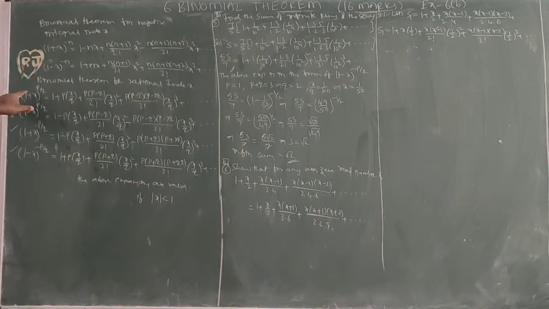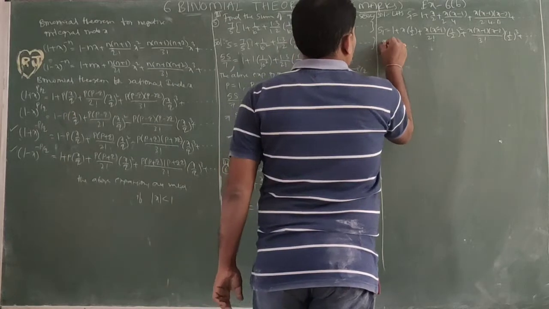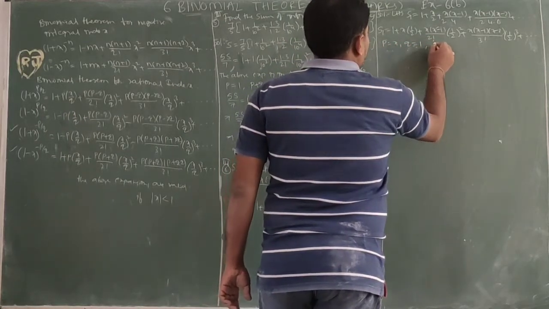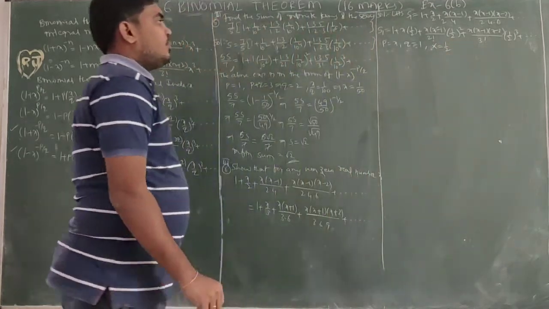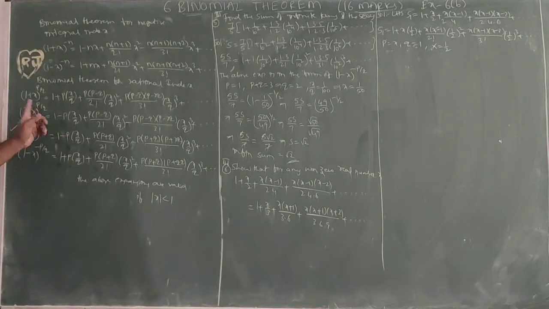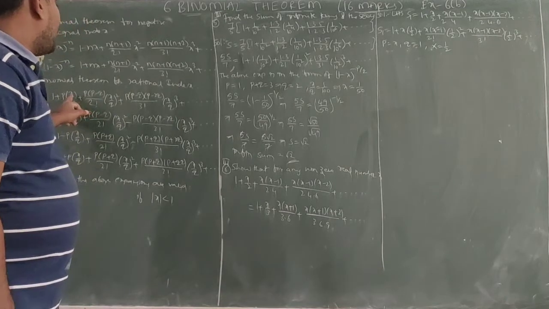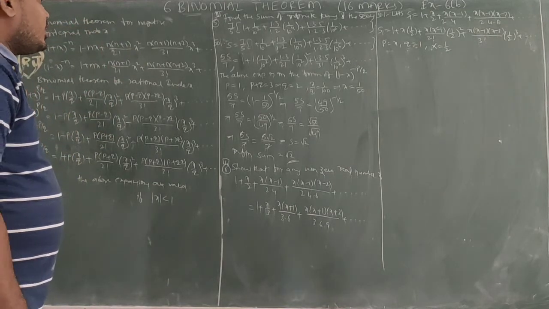All the terms here are positive, so this is the formula for (1 + X) to the power p/q, where p = x, q = 1, and capital X = 1/2. So X/q = 1/2, and the q value is 1.